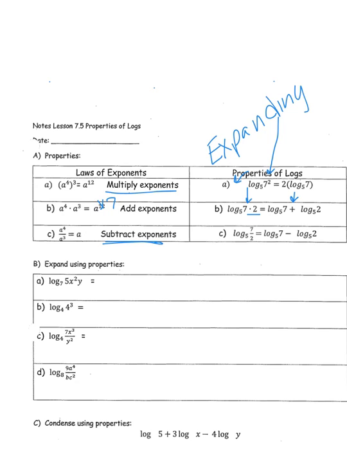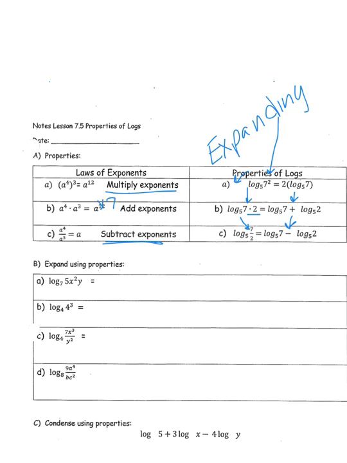Come over to the logs, you have 7 divided by 2. Well, where the division sign is, we're going to replace it with a subtraction sign. So you take log the base 5 of the top number minus log the base 5 of the bottom number. And that will be how we use expanding with properties.